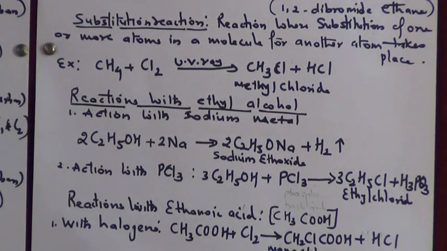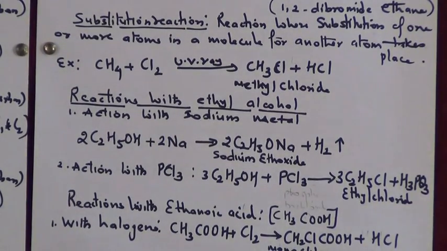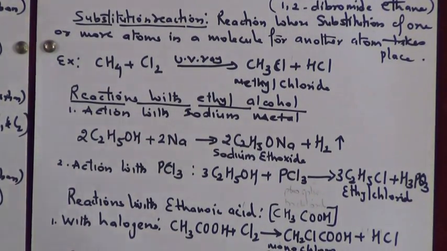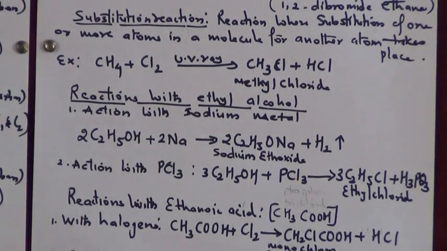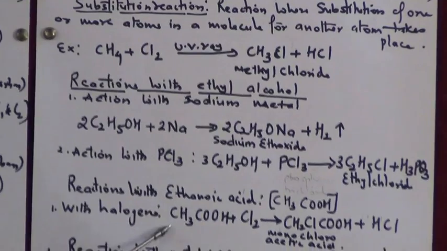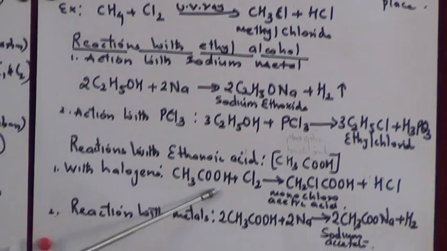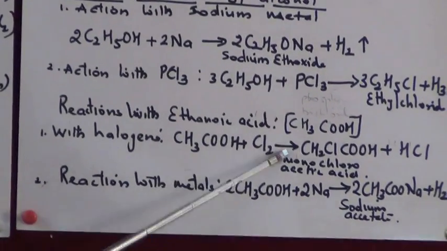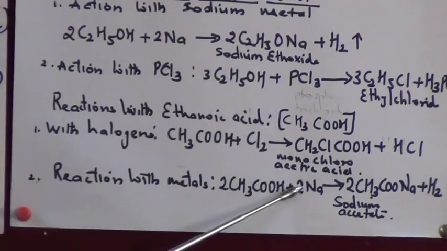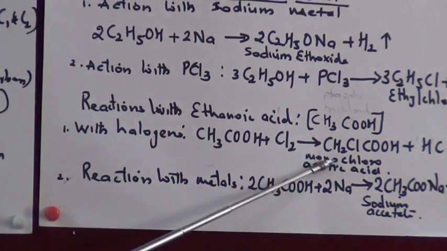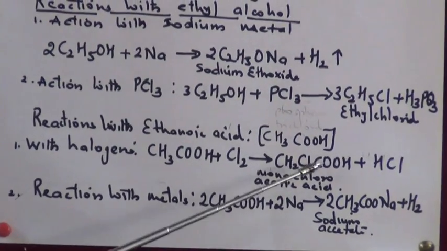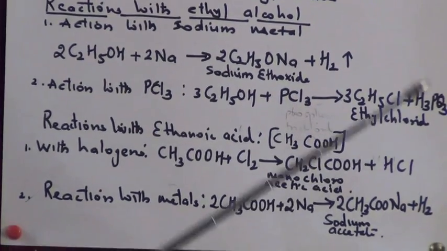Now let us see the reactions of ethanoic acid. Ethanoic acid is nothing but acetic acid, that is CH3COOH. Acetic acid or ethanoic acid reacts with chlorine to form monochloroacetic acid, that is CH2ClCOOH plus HCl.